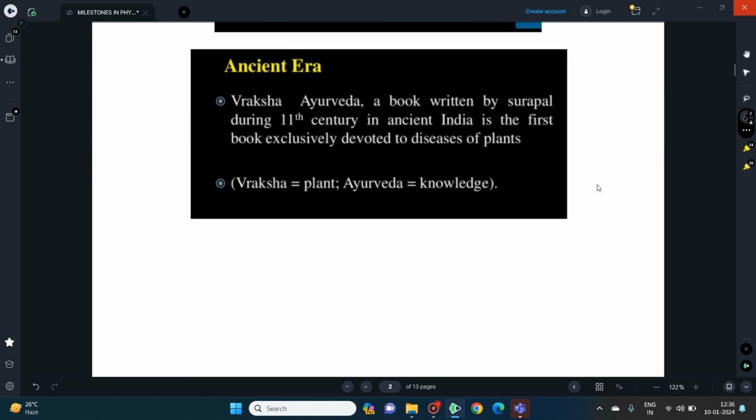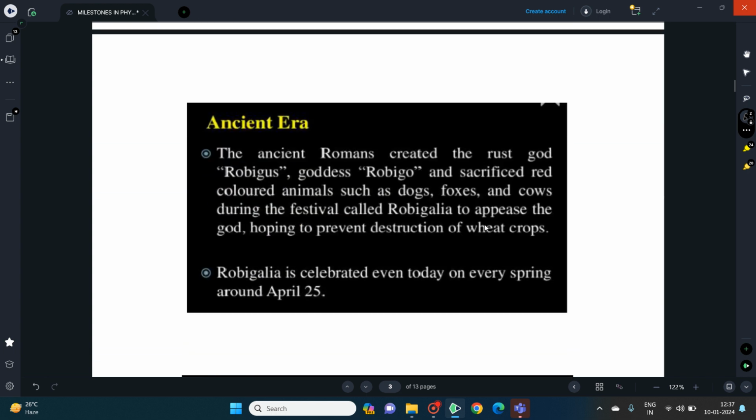In the same ancient period, Vriksha Ayurveda, the book written by Sir Paul during the 11th century in ancient India, is the first book exclusively devoted to diseases of plants. Vriksha means plant and Ayurveda means knowledge.